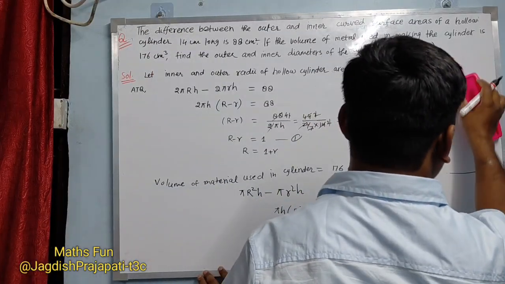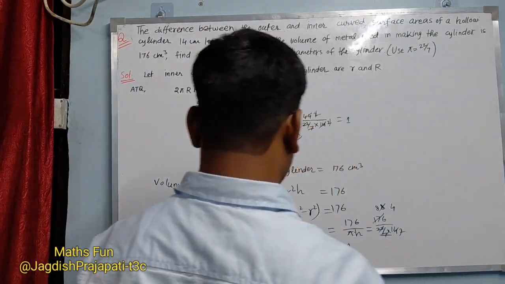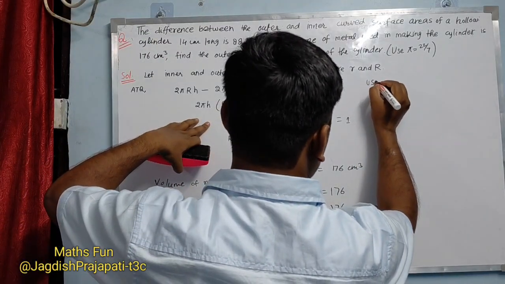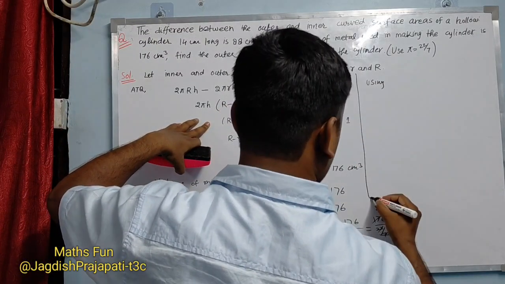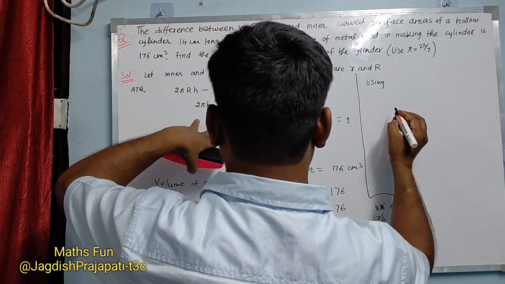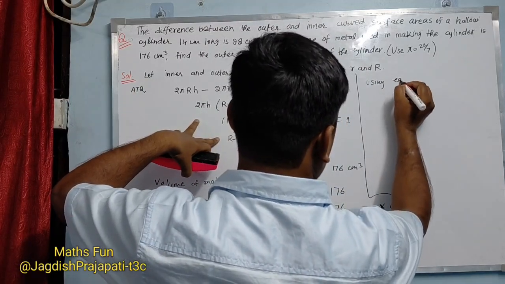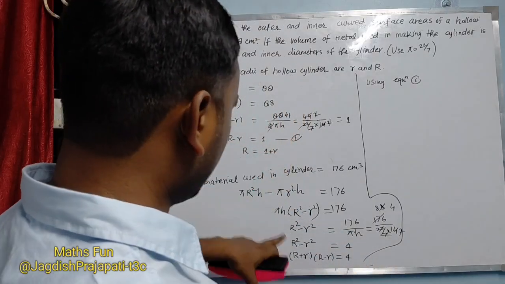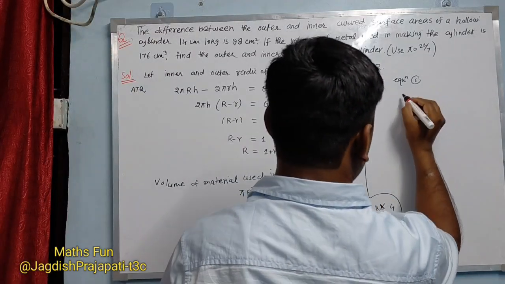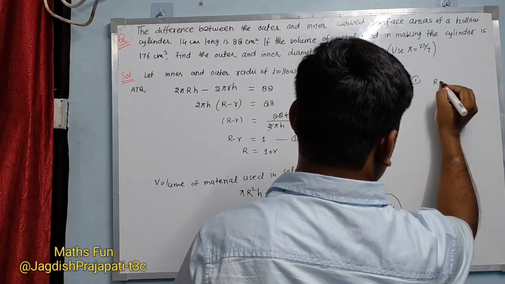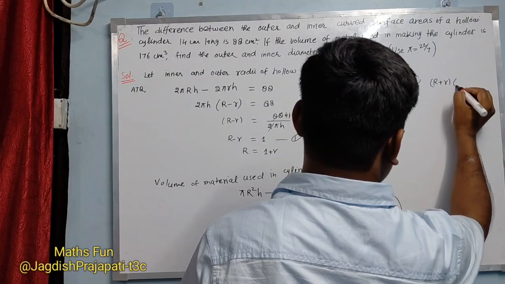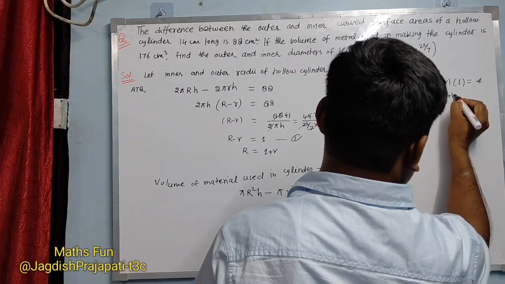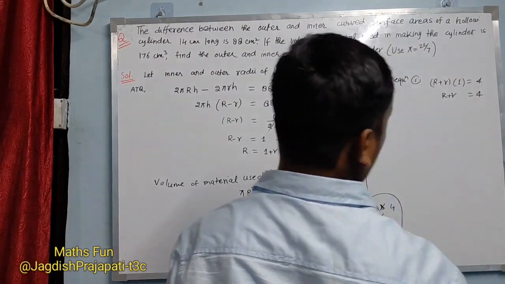I am erasing this. Using equation 1, here capital R minus small r is 1. So we will get capital R plus small r into 1 equal to 4. So capital R plus small r equal to 4.